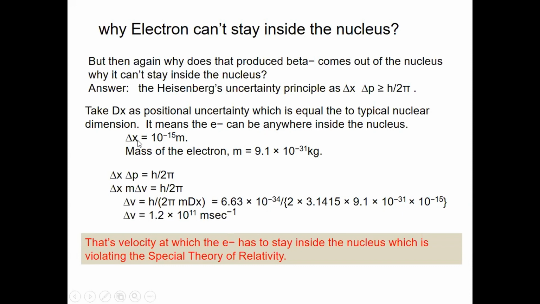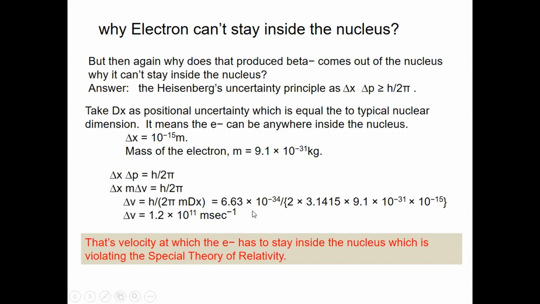So delta x is of the order of 10 to the power minus 15 meters, which is 1 Fermi. The mass of the electron is 9.1 times 10 to the power minus 31 kg. So this we can use for figuring out the momentum. Now we have the momentum as m times delta v, the uncertainty in the velocity. So we can find the uncertainty in velocity by substituting these values.